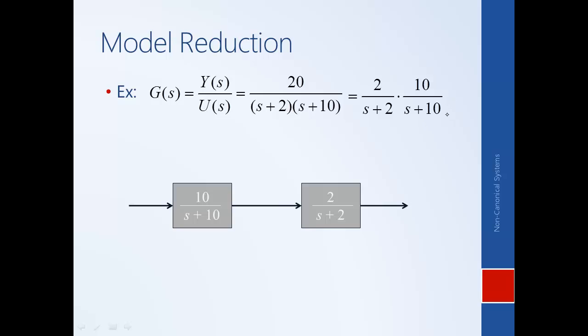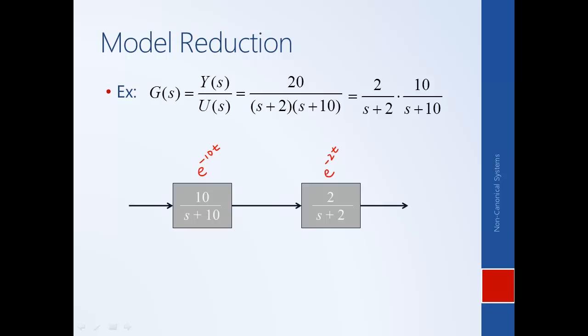The one term has a pole at -10, and so its speed of response, or the rate at which it decays, will be proportional to e to the -10t. This other term, however, has a pole at -2, and so its speed will be proportional to e to the -2t.